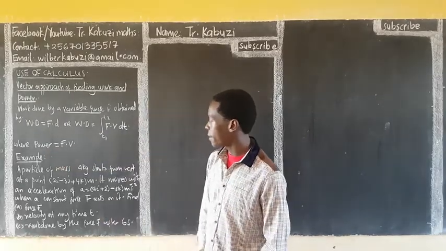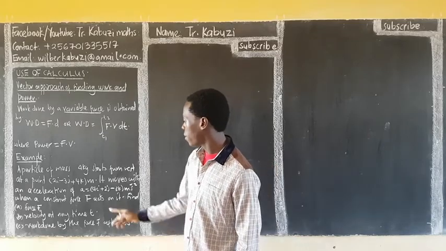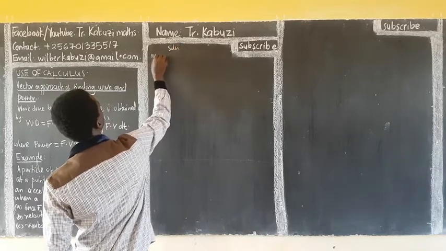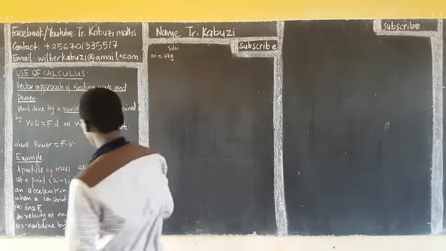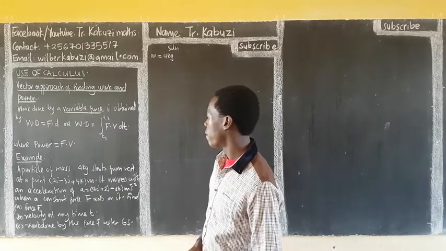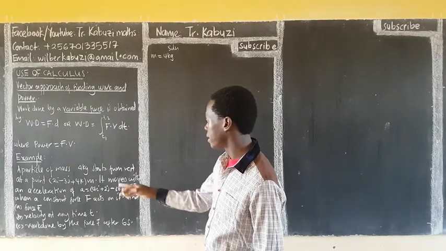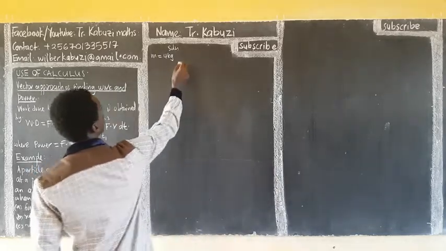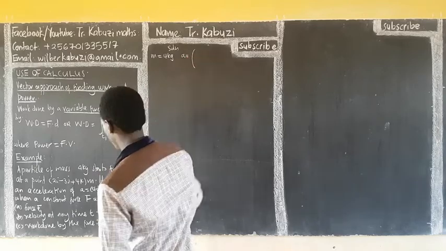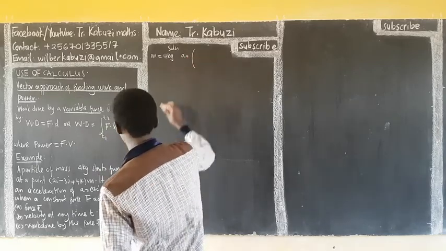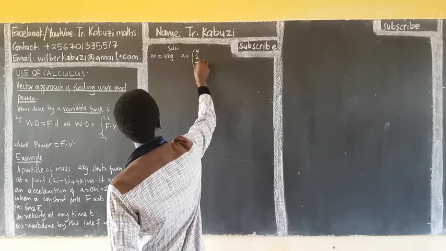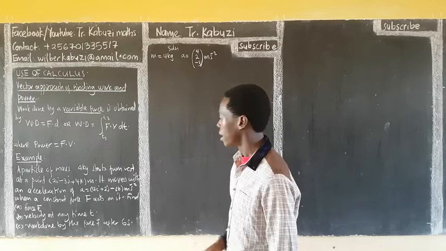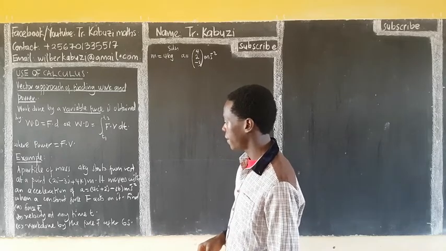Let us see an example here. A particle of mass 4 kilograms, starting from rest at a point, moves with an acceleration, written as a column vector (4, 2, -3) meters per second squared, when a constant force F acts on it.